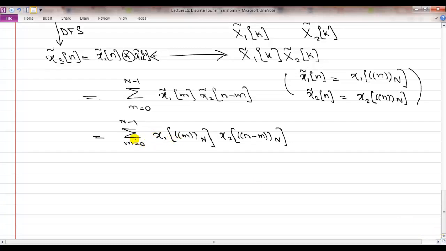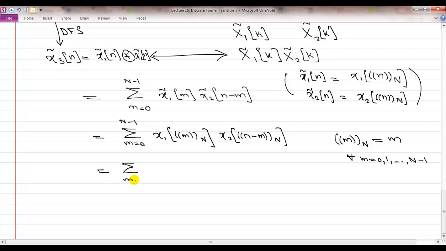Now m is going from 0 to N minus 1, so m mod N equals m, as long as m is between 0 and N minus 1. That is just the simple fact of mod. So for all m equal to 0, 1 up to N minus 1, if I stay within one period, the mod operation does not do anything.